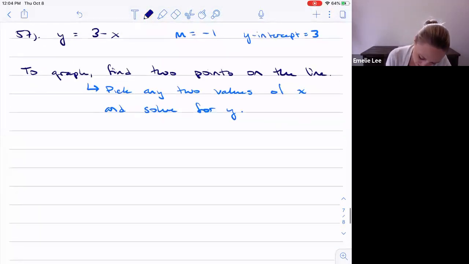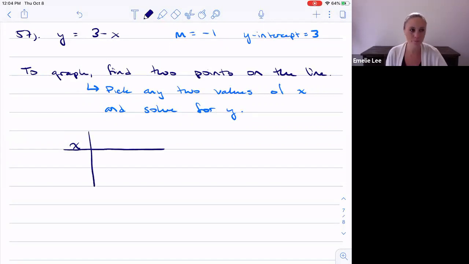What I usually do is set it up like this. I have a little table, and because I need 2 points, I'm going to have x equals something and x equals something, and up here I've got y equals 3 minus x. Usually I'll look at the equation and pick nice values of x that I can easily plug in and solve for.